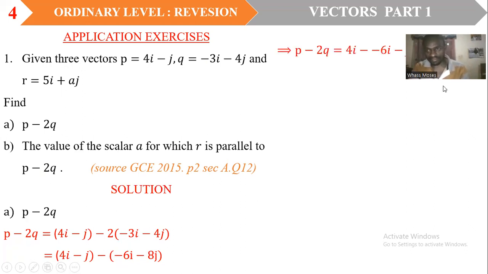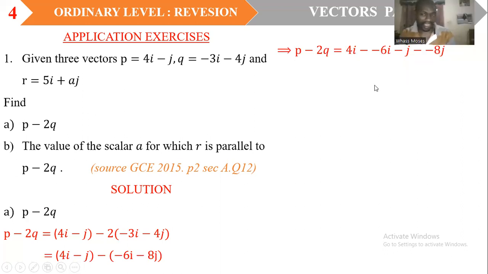Simplifying this, we bring the i components together. We have 4i minus negative 6i, and minus j minus negative 8j. 4i minus negative 6i gives 4i plus 6i, since a negative here gives plus.